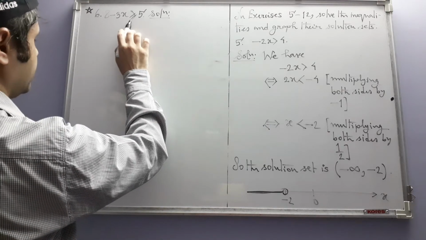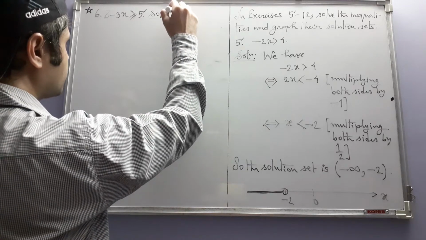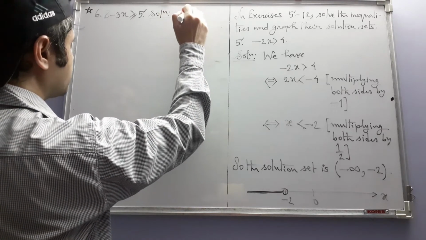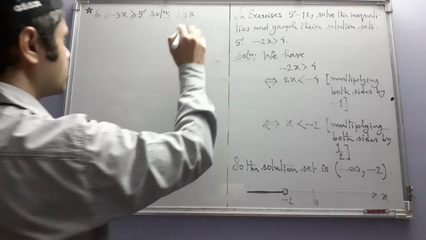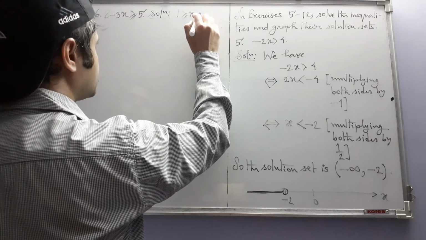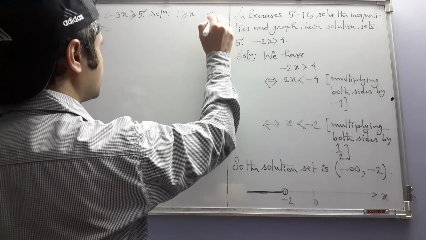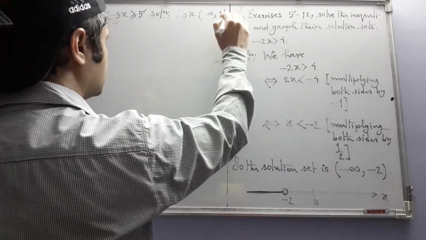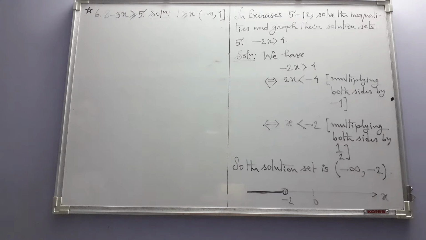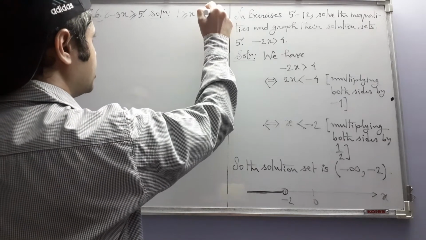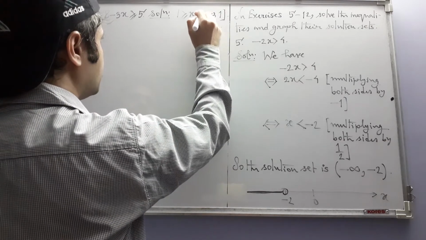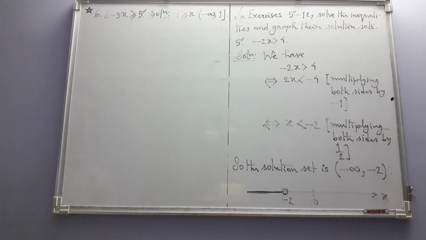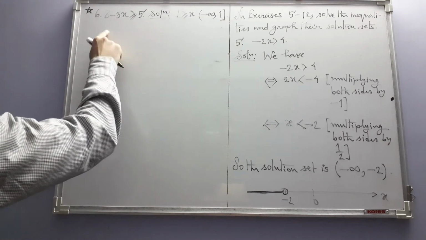So 3 is greater than or equal to 3x. So 1 is greater than or equal to x, and that's why the solution set in this case is minus infinity comma 1. This closed ray, I hope it's visible, minus infinity comma 1.